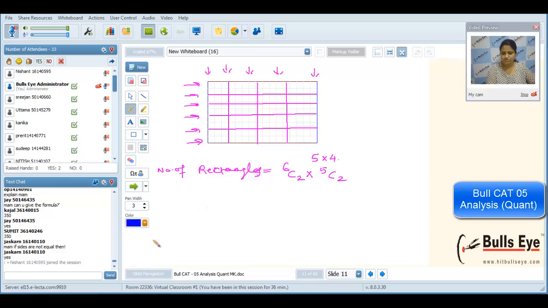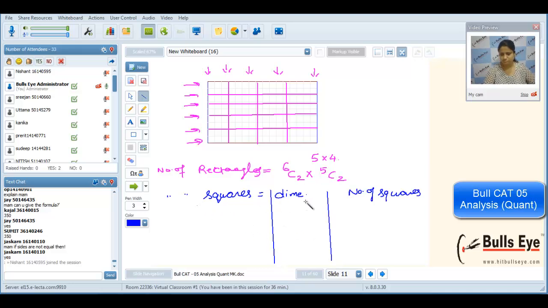Now I'm coming to squares. Number of squares. This is difficult. We don't have a direct formula for this. I'm writing dimension here. Then I'm writing number of squares. First of all, Just Karan, are you getting me? Yes.